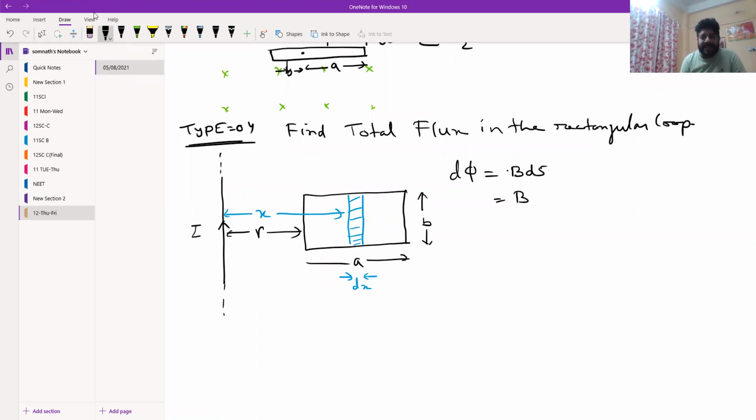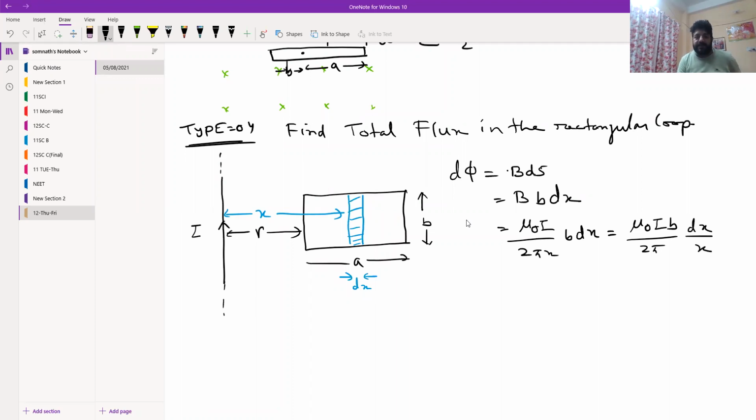What is the area? B into the thickness dx. Is it clear? Yes sir. And how do you get the magnetic field for an infinitely long wire? Mu naught I by 2 pi x, from the magnetic field due to current. So overall we have mu naught I B by 2 pi, dx by x.